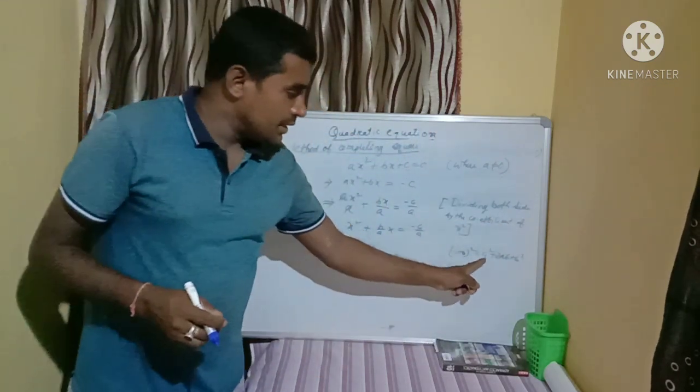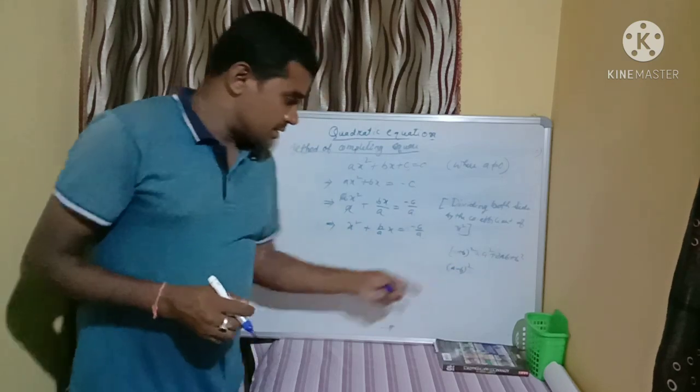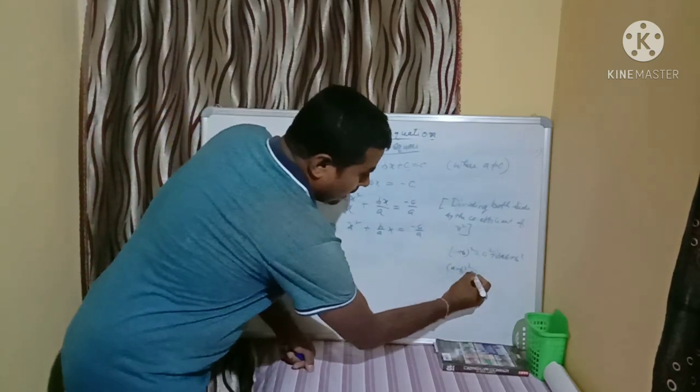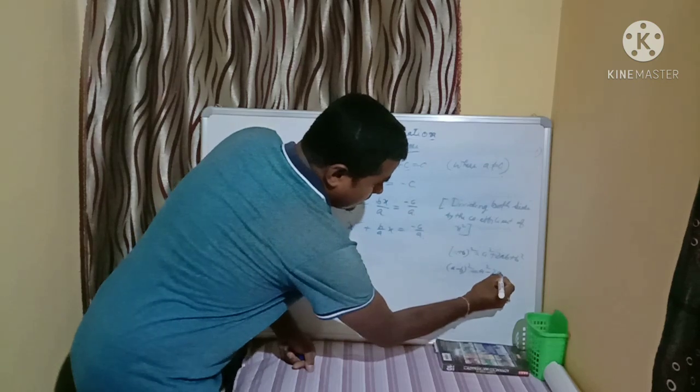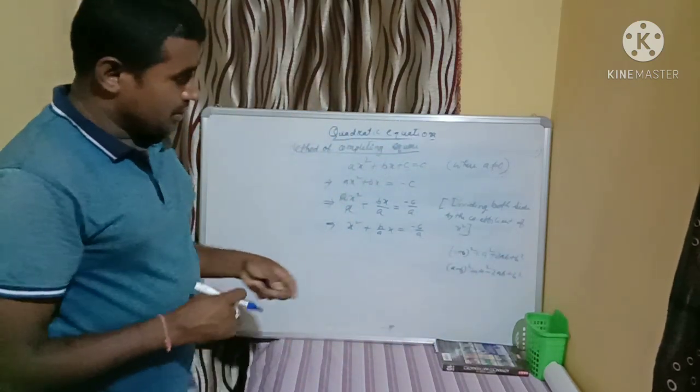If the term is a square plus 2ab plus b square, then we can write a plus b whole square. Similarly, if the term is a square minus 2ab plus b square, then it is a minus b whole square.